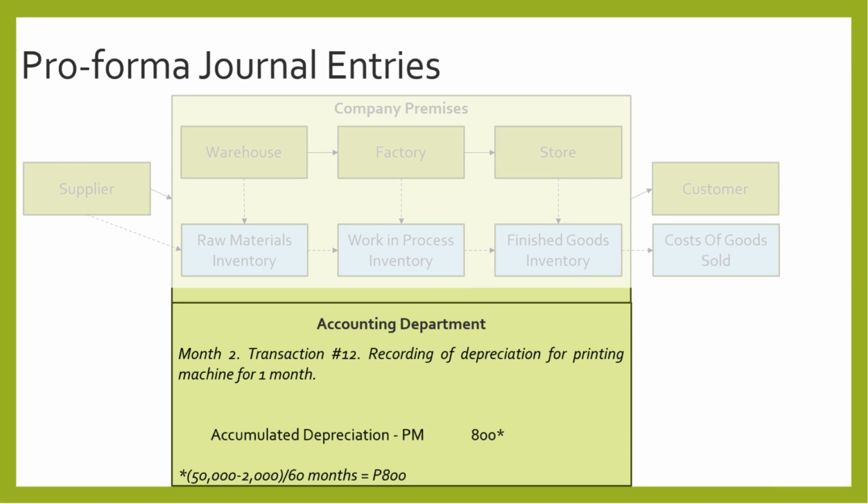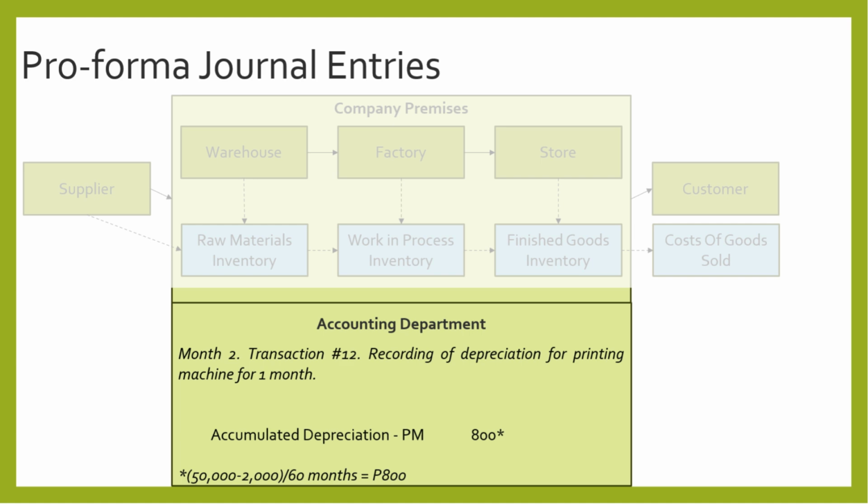It is accumulated depreciation, the same account we credit in other types of businesses. We will specify PM to indicate that it refers to the printing machine. So what will be the difference? The difference will be in the debit portion.